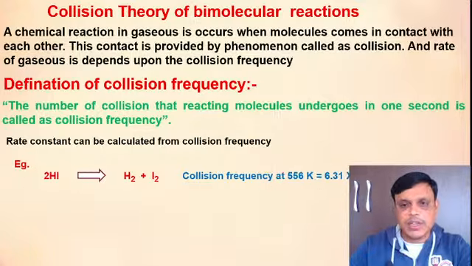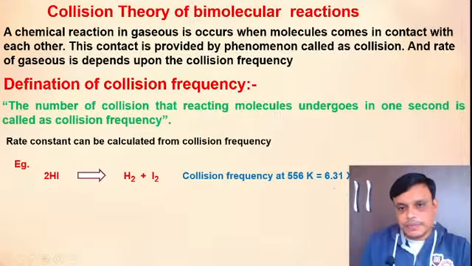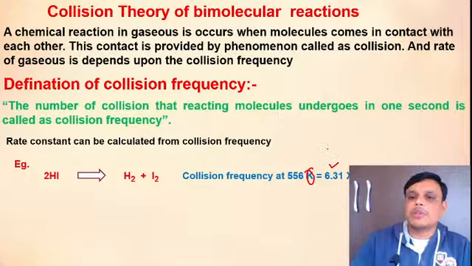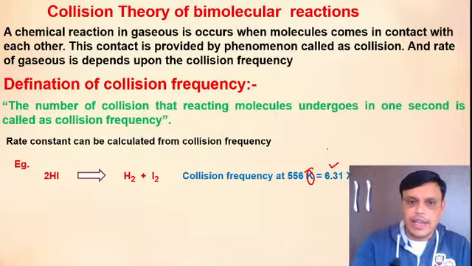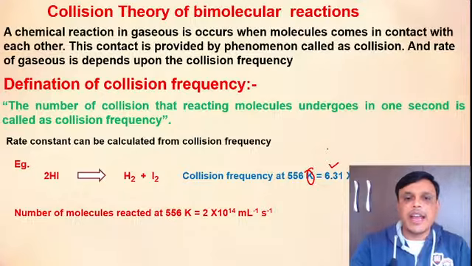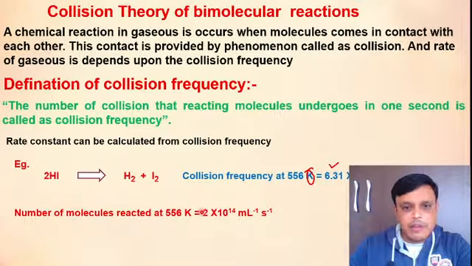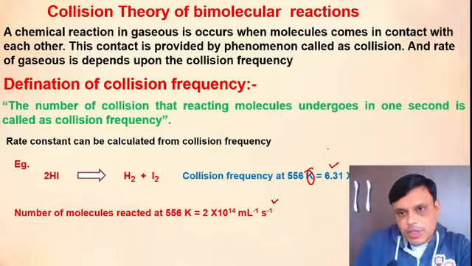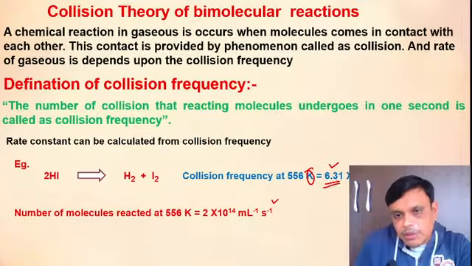And at this temperature, the collision frequency is 6.31 into 10 raised to 31 per ml per second, and the number of molecules reacted at 556 Kelvin is 2 into 10 to the power 14 per ml per second.